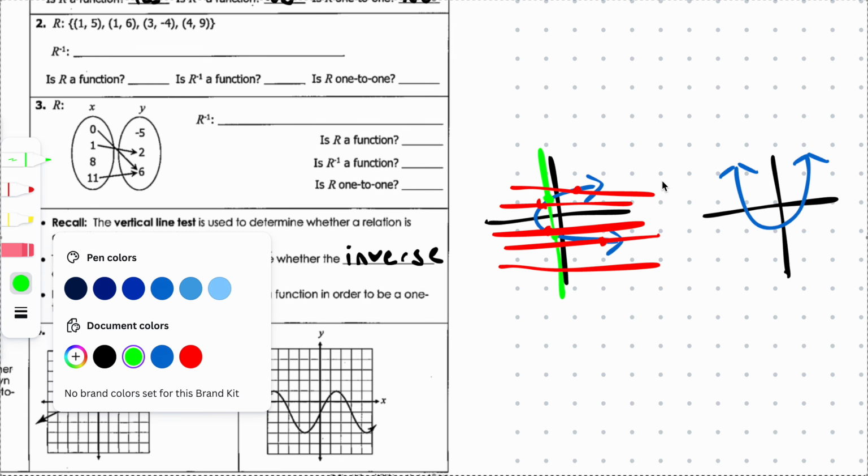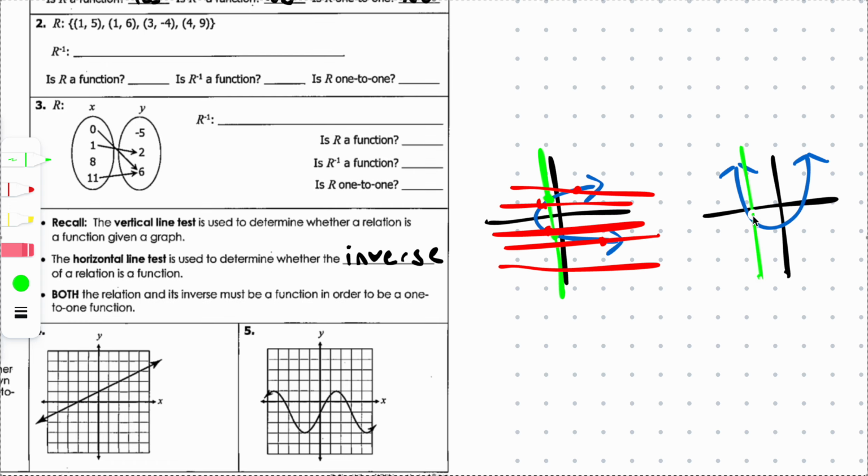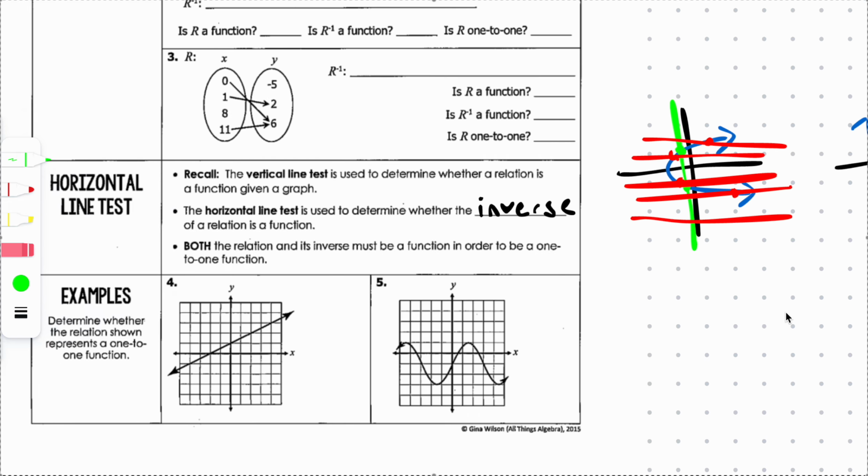Because when we do the vertical line test, we see that it only intersects once at each of these x values. Okay? Great.